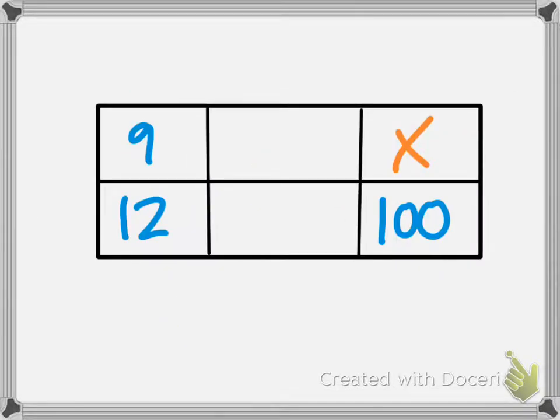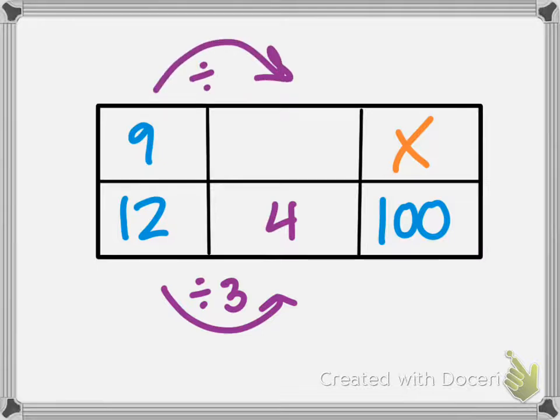Here, I've got another one. 9/12, something over 100. What is a common factor between these ones? Think kind of just like the last one that we did. What's the greatest common factor? What's something they're both divisible by, Michaela? Exactly, so she's going to divide this by 3 to get 4.